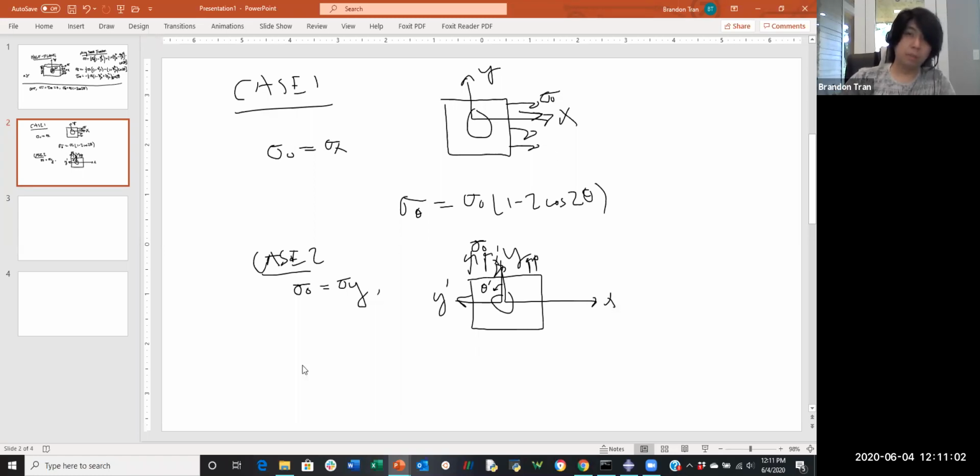But essentially what you do is you take this equation, but instead of theta here, 1 minus 2 cosine 2 theta prime. You'll have theta prime. And what theta prime is essentially is a rotation from your original coordinate system to this. So basically you're rotating the stress from here to here.